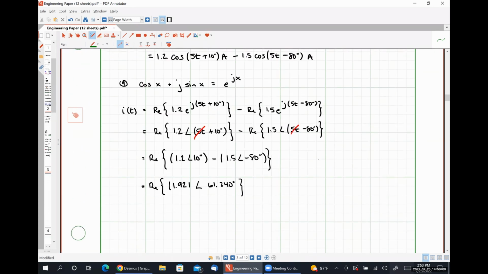If we were to express the complex number that we have right here in rectangular form, we get the real part of 0.921 plus j 1.686. Okay.